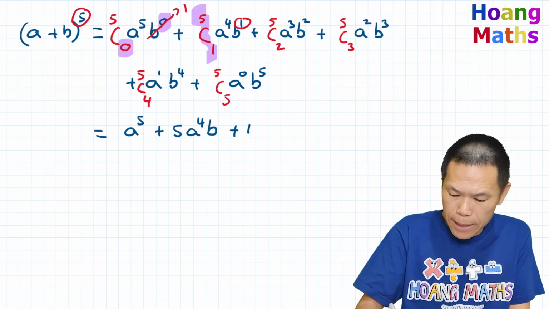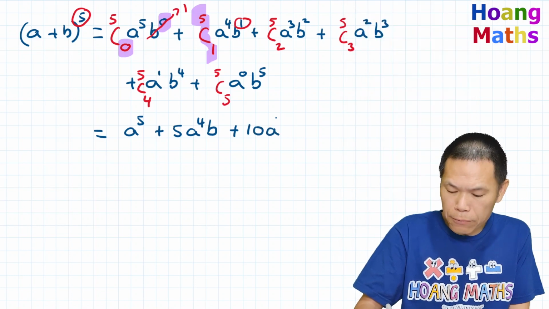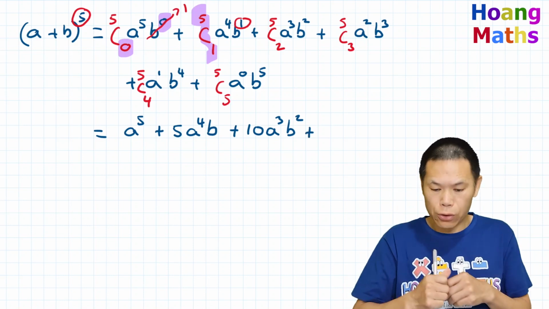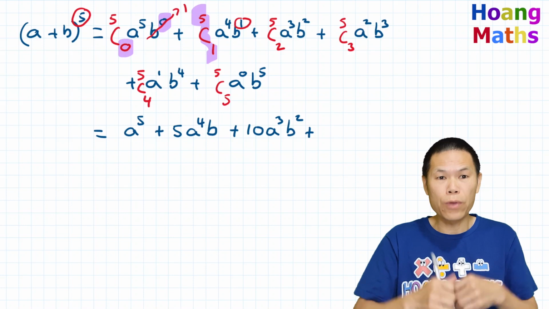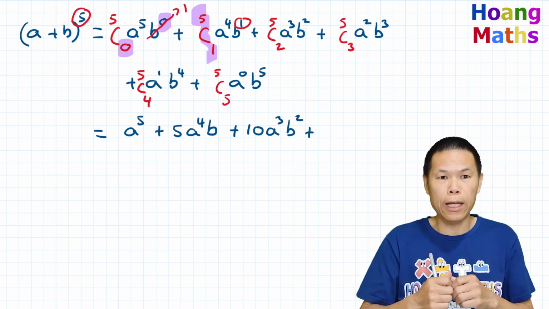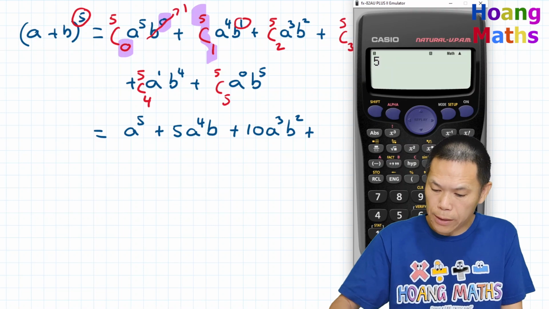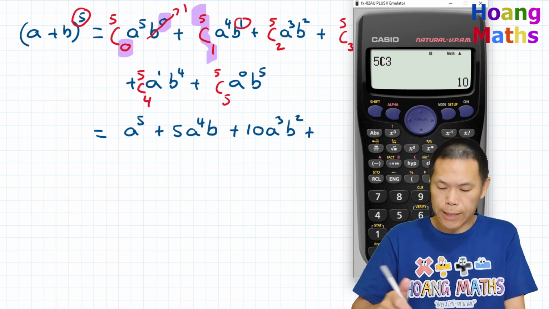So we add 10, a power 3, b power 2. And we add 5C3, which should give you 10 as well. Otherwise, let me just put it in the calculator. So just go 5C3, 10. There you go.